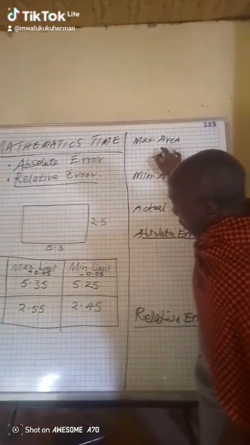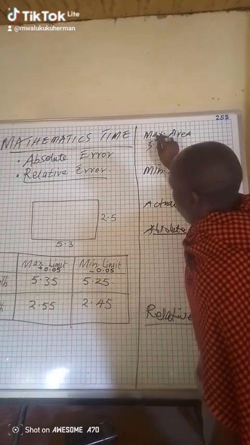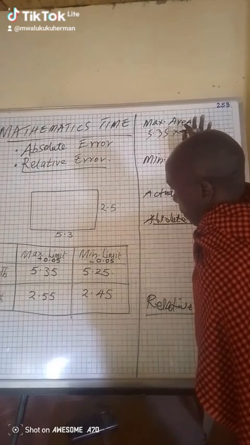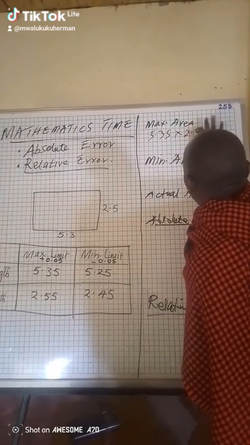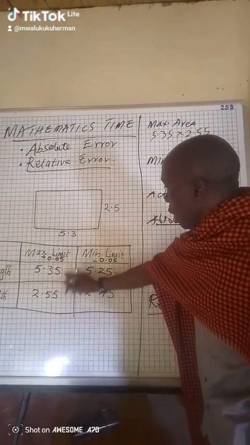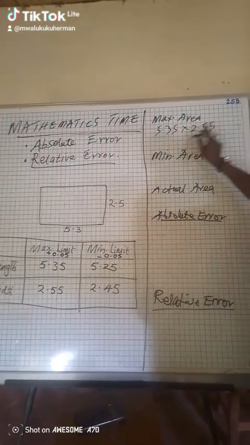Maximum area shall be 5.35 multiplied by 2.55. So we are using the maximum limit to get the maximum area.